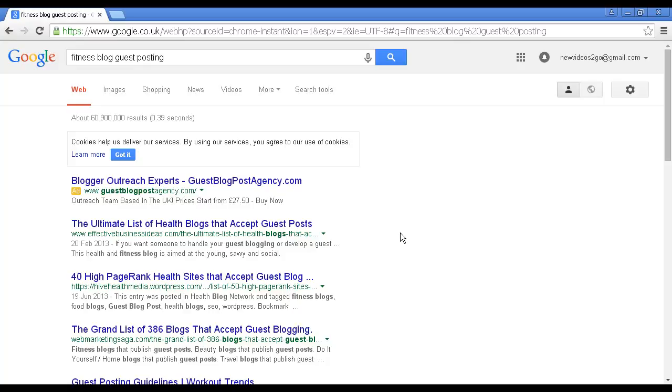And the thing to do is to visit these blogs, read the content, get an idea of the sort of style that they have, the sort of thing they're looking for, and then contact the owners as previously discussed. And this is a good way of not only getting traffic to your site for no financial outlay whatsoever, but it's also a way of boosting your reputation in your niche.